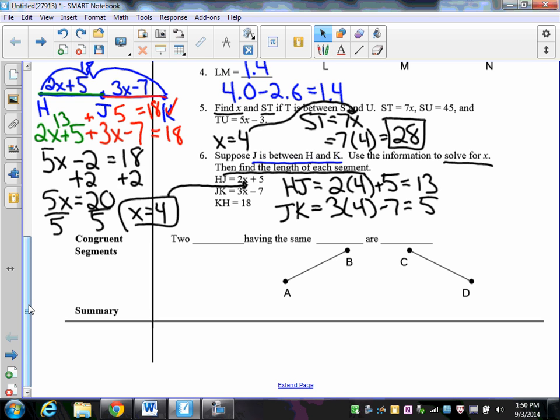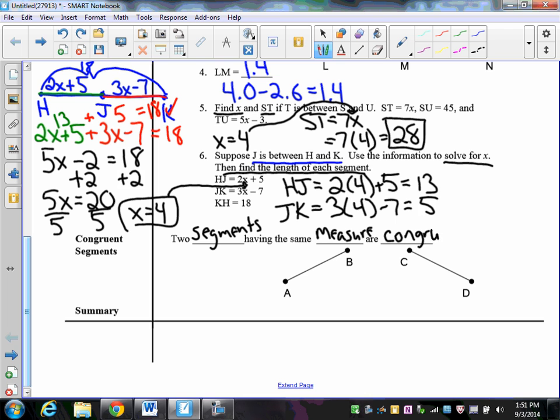The last thing on this paper is congruent segments. We're just going to define this. So those are two segments having the same measure are congruent. Now we abbreviate congruent with that mark right there.